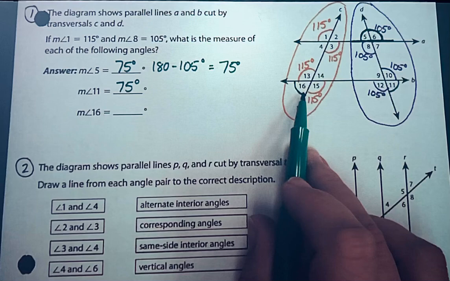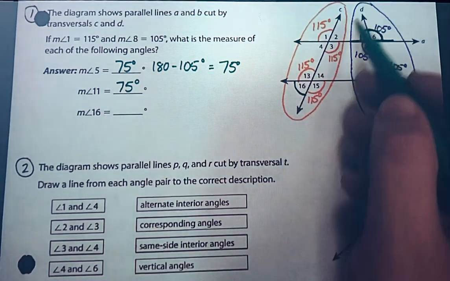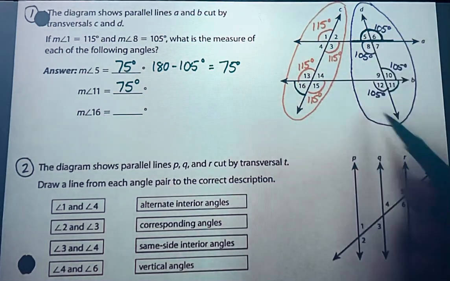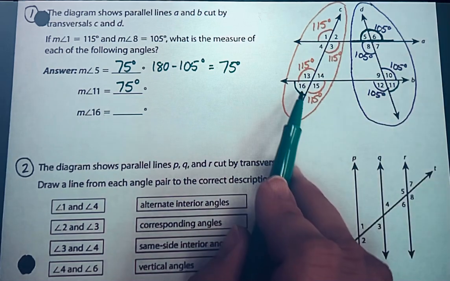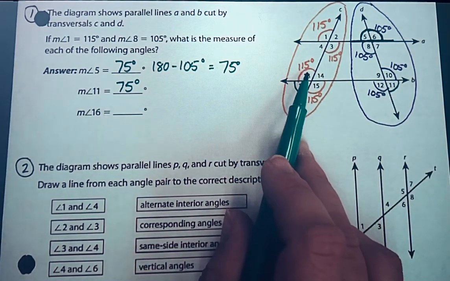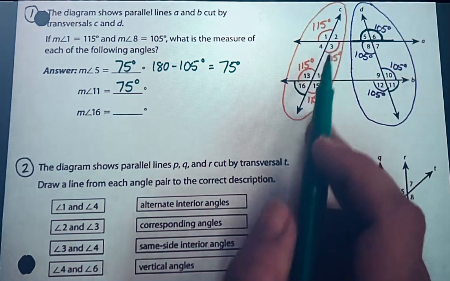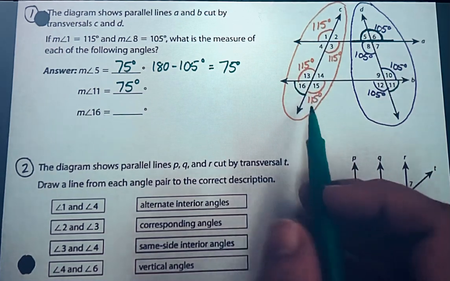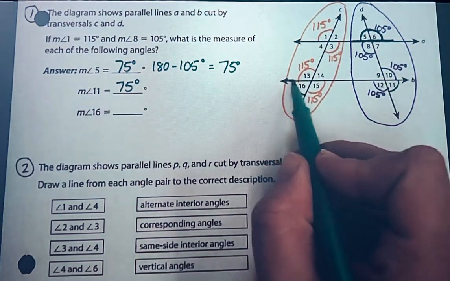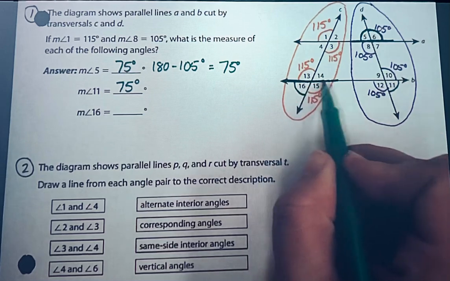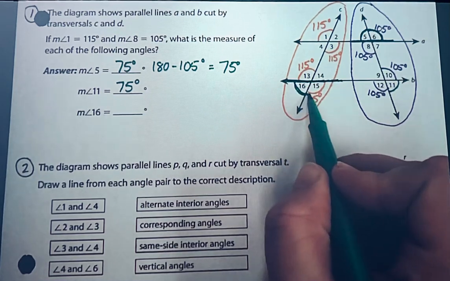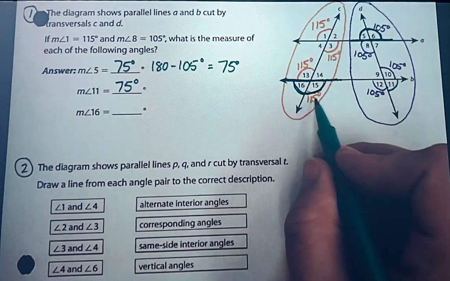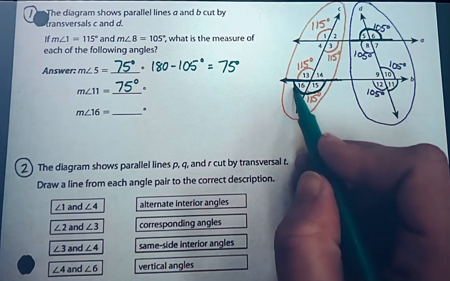Angle 16 is not associated with these angles at all. And angle 16 is not congruent to 115 or any of these other angles, 1, 3, 13, or 15. So one way to find that angle is to consider this line. The entire line is 180 degrees from here all the way over.